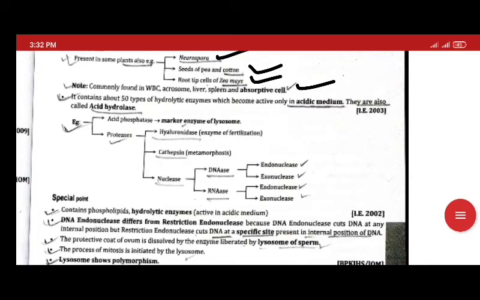So mainly lysosomes are killing cells, and they are active in acid medium. They contain 50 types of hydrolytic enzymes activated in acid medium. The main function is acid hydrolysis.